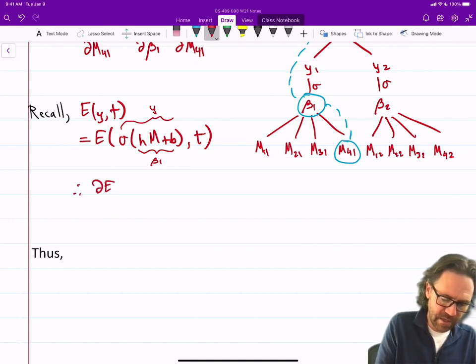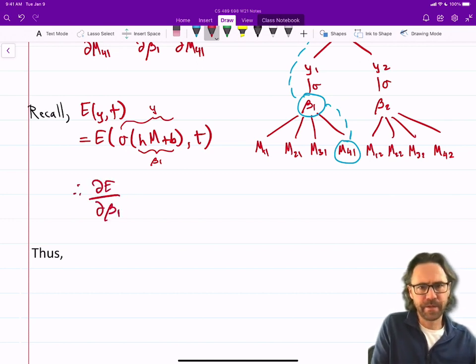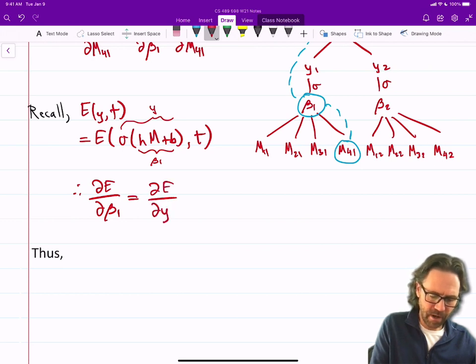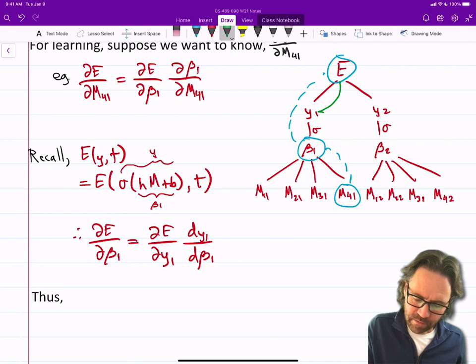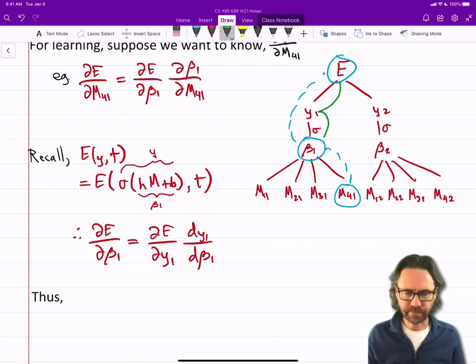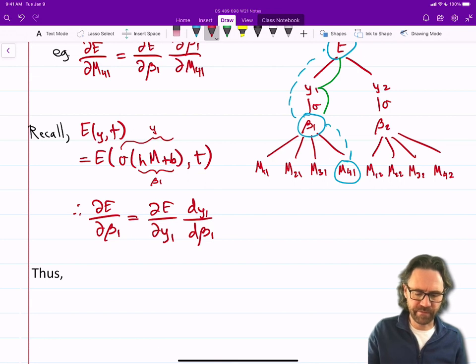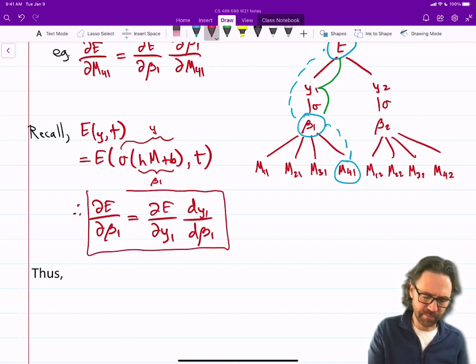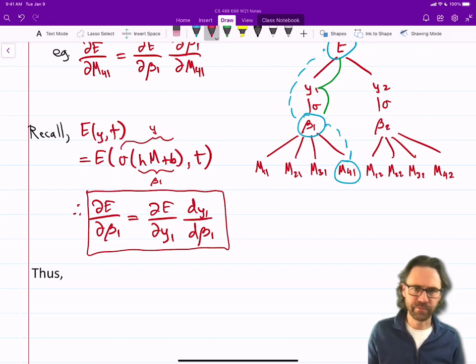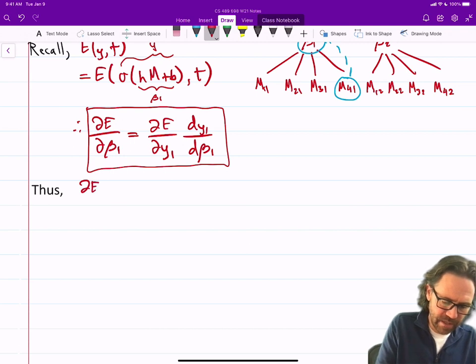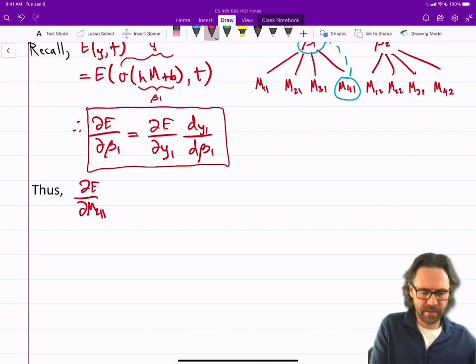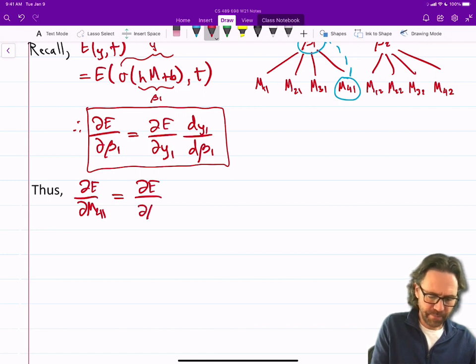Therefore ∂E by ∂beta 1 is equal to ∂E by ∂Y1 times ∂Y1 by ∂beta 1. Again, that's basically just putting those two pieces together. We'll revisit this piece later, but I'm going to put a box around it because we'll come back to it and reuse it. But what I'm after is ∂E by ∂M41, so ∂E by ∂beta 1 times ∂beta 1 by ∂M41.